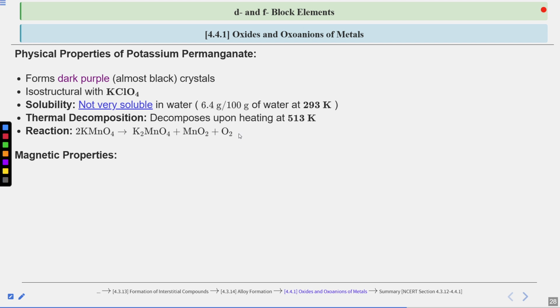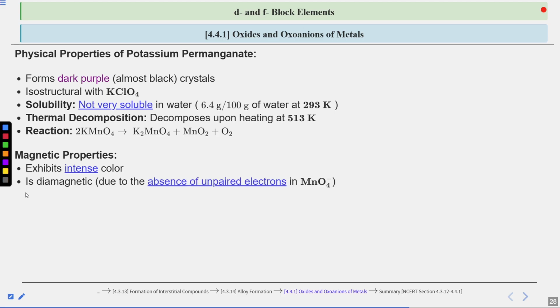Now the magnetic properties of it. It exhibits intense color. It is diamagnetic due to the absence of unpaired electrons in the MnO4 negative permanganate ion. In the permanganate ion there are no unpaired electrons, due to which it acts as diamagnetic. It shows weak temperature dependent paramagnetism, so its magnetic properties are weakly dependent upon the temperature.